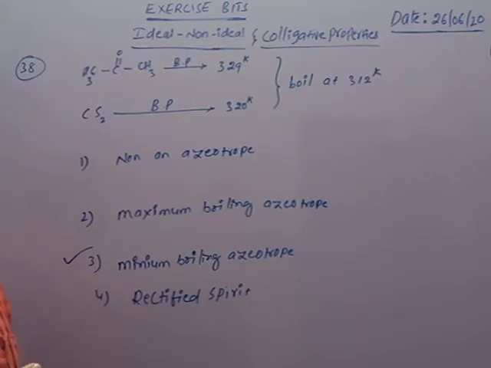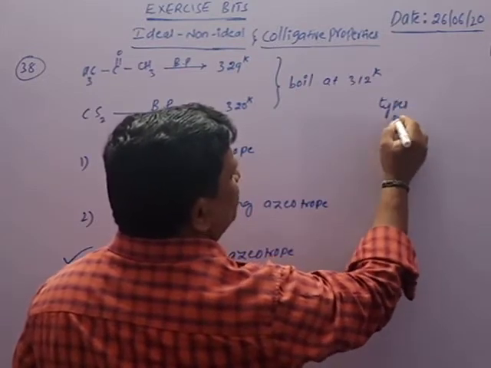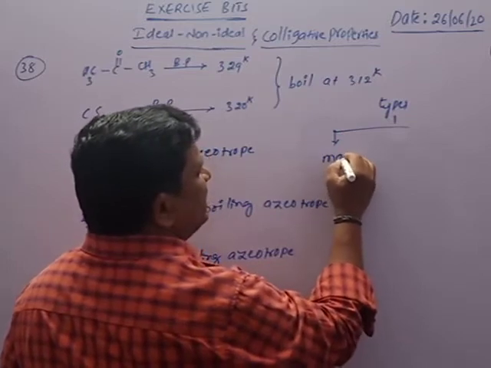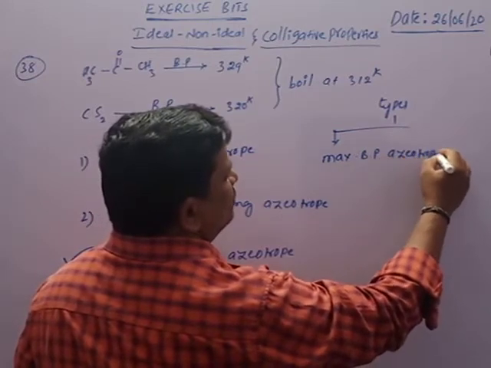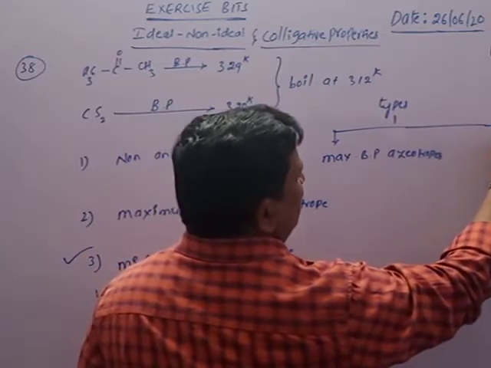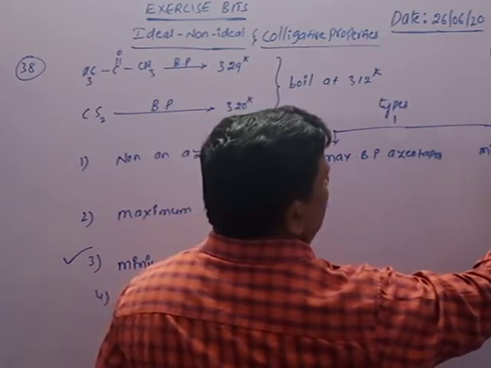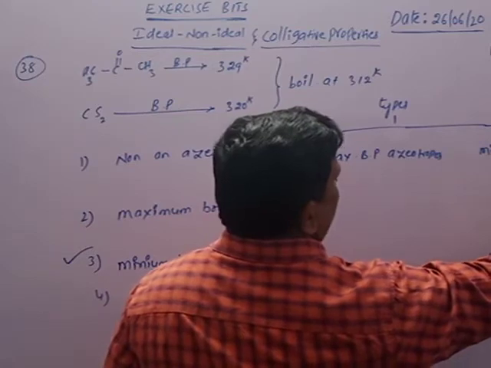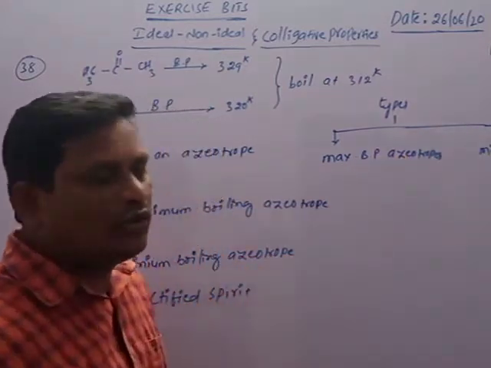Generally, azeotropic mixtures are classified into two types: maximum boiling point azeotropes and minimum boiling point azeotropes.